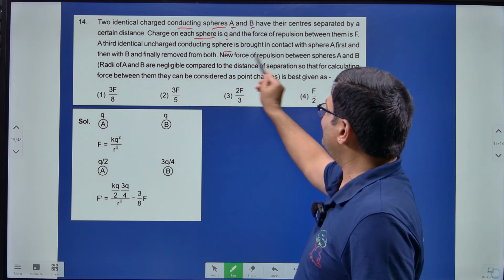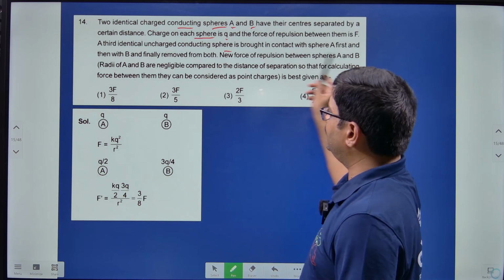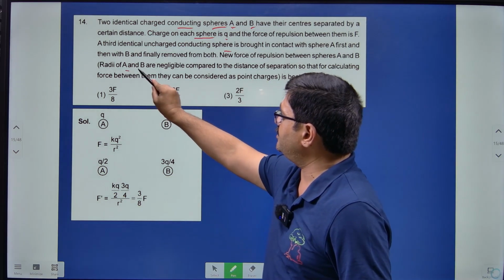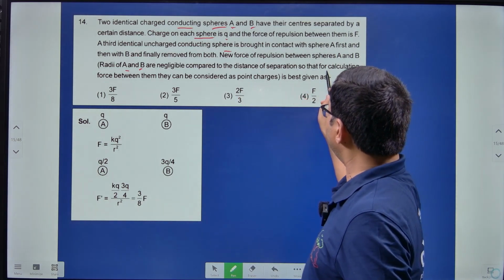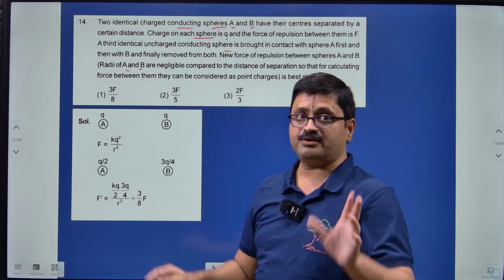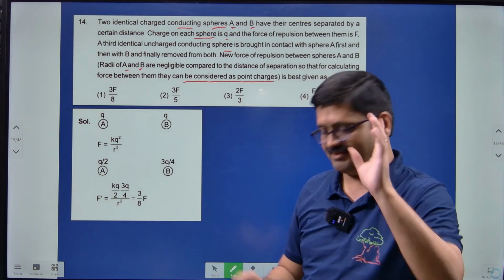What is the new force of repulsion between the spheres A and B? They are saying the radii of A and B are negligible compared to the distance of separation, so that in calculating the force between them, they can be considered as point charges.